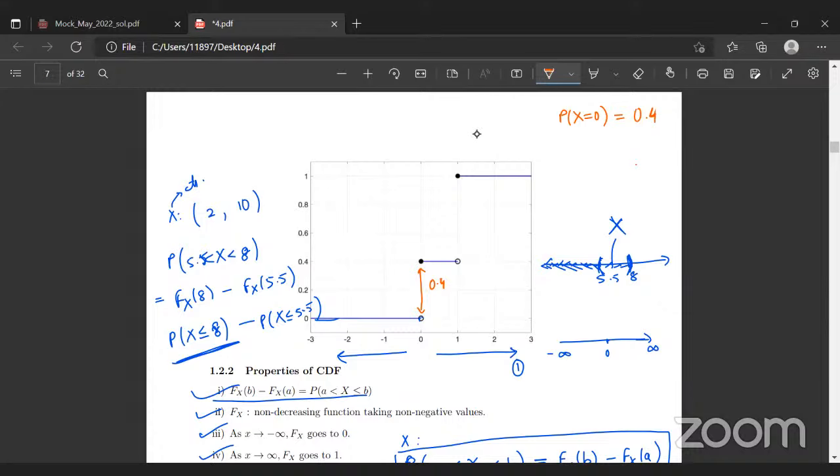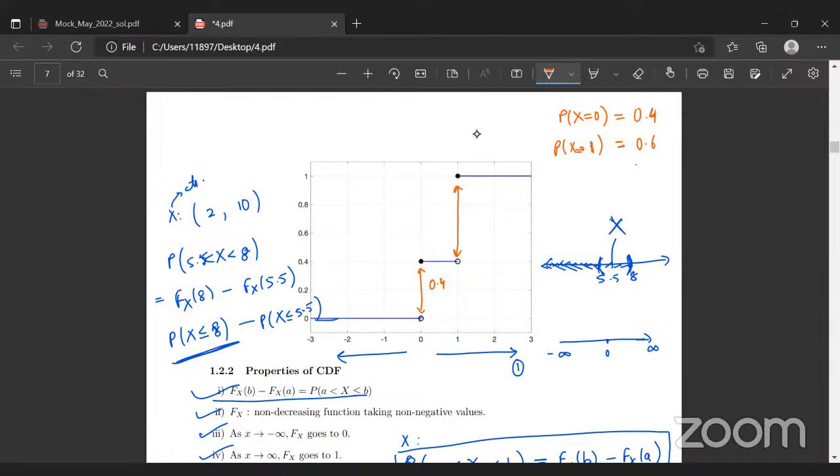Now, if we have to find the probability x equal to 1, we'll look at the jump that 1 has. So this is overall 1 minus 0.4, that becomes 0.6. So probability of 1 is 0.6.